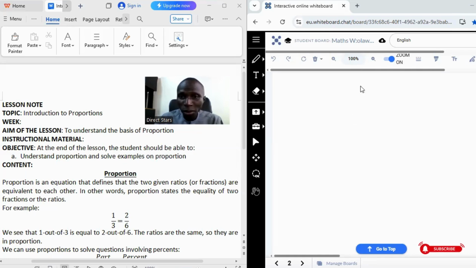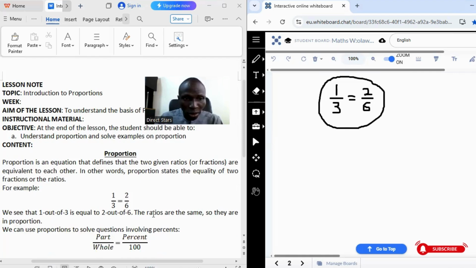Let's say, for example, we have 1/3 to be equivalent to 2/6. We see that 1/3 is equal to 2/6. So the ratios or the fractions are the same, so they are in proportion. So these fractions are in proportion because they are equal to each other.